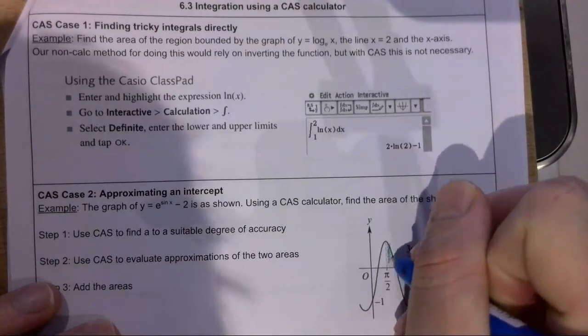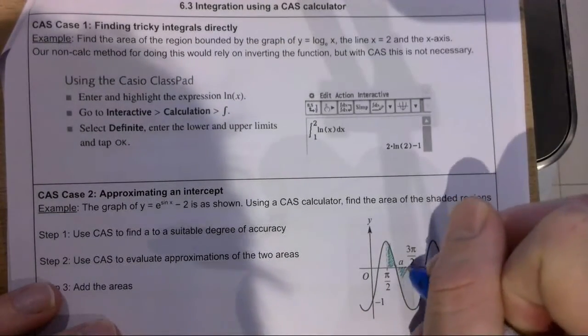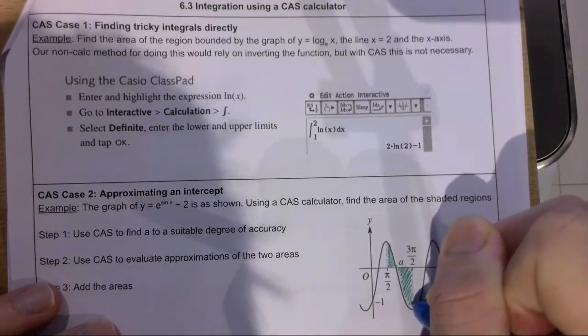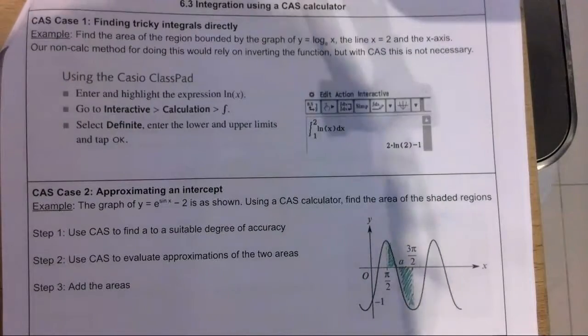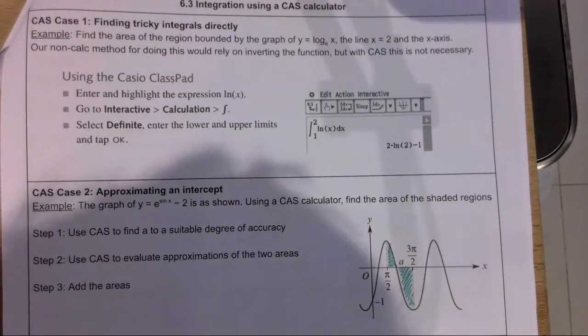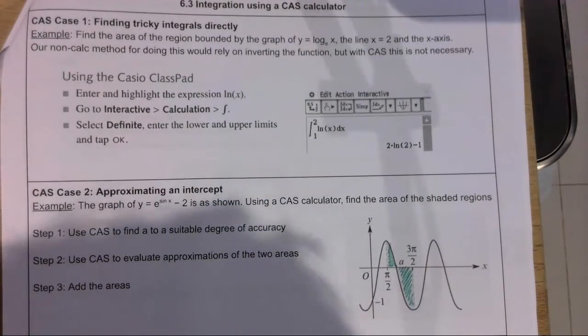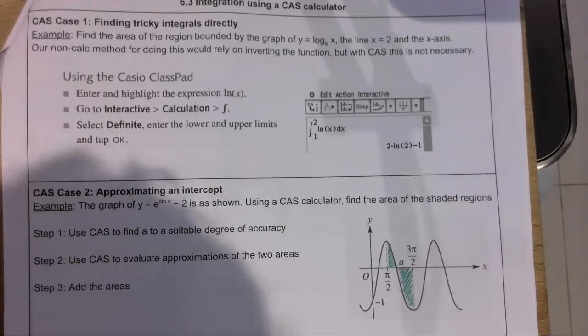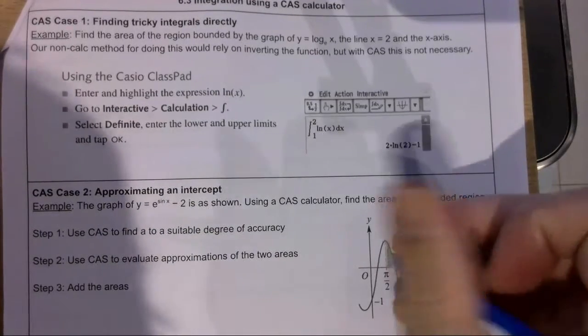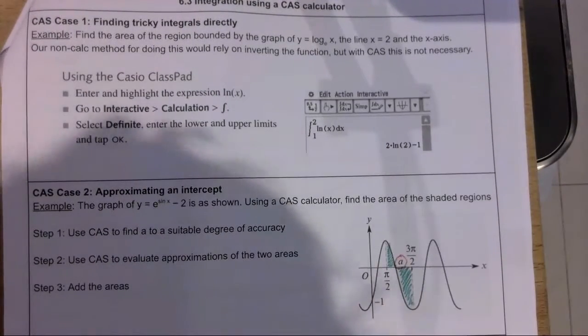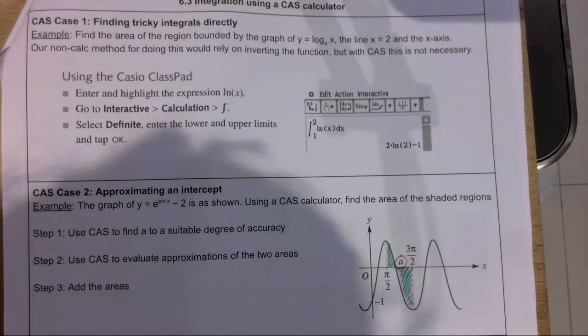This isn't about the signed area. We're trying to find the total area, and so what we need to be able to do is identify this point A, and solving that analytically is not impossible, but it's clumsy, right?